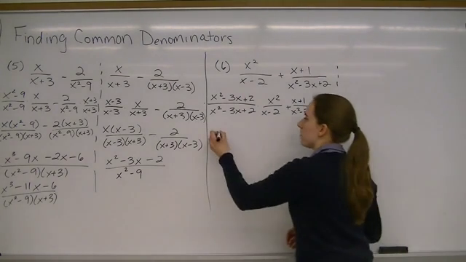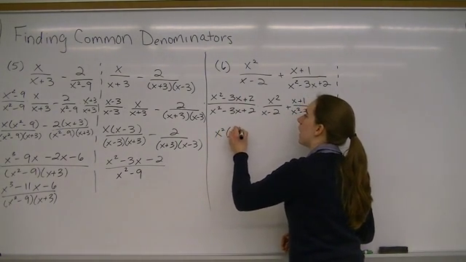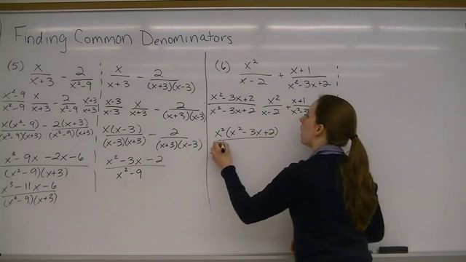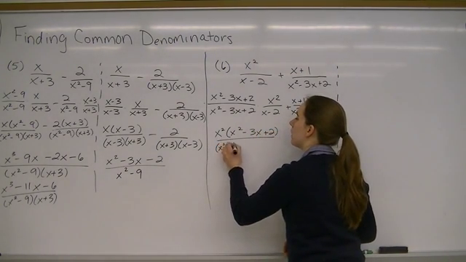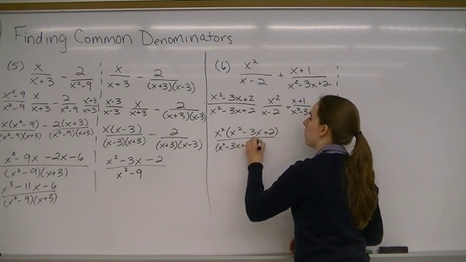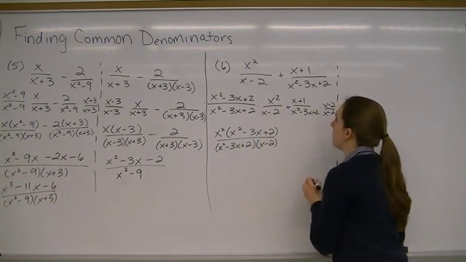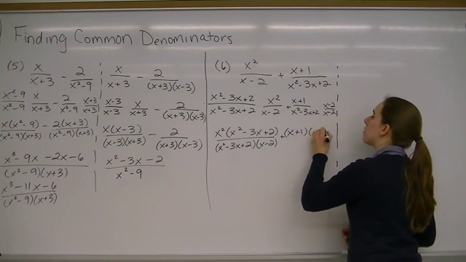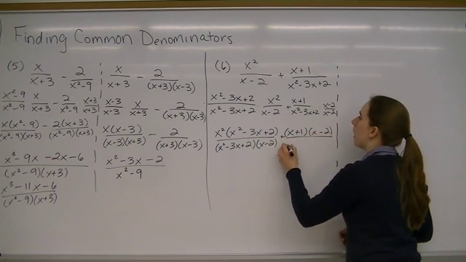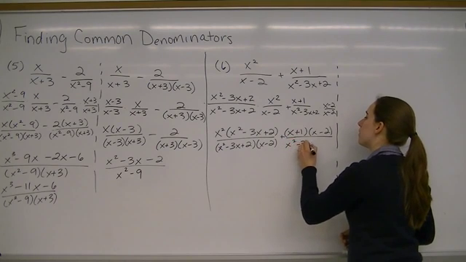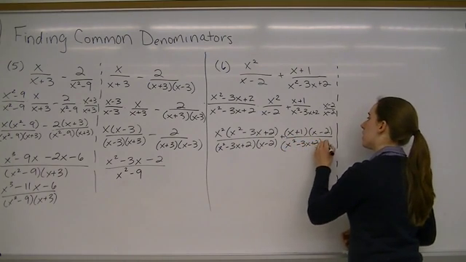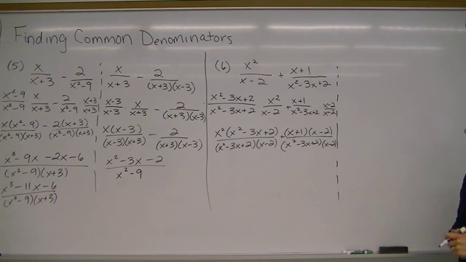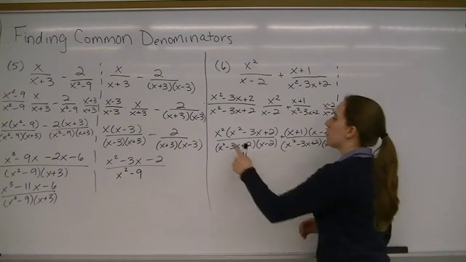So I have x squared times x squared minus 3x plus 2 all over the common denominator, which is both denominators multiplied, plus x plus 1 times x minus 2 all over the common denominator. Okay, so the top, let's go through and multiply.